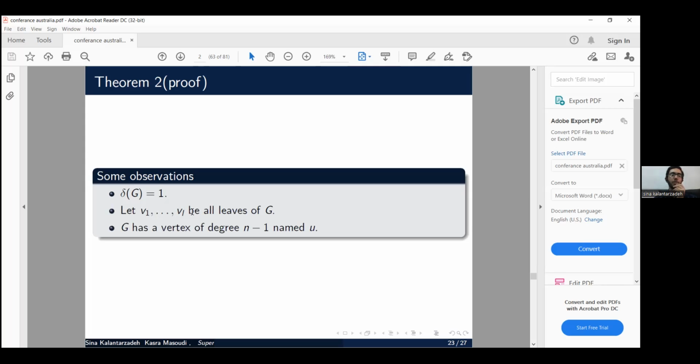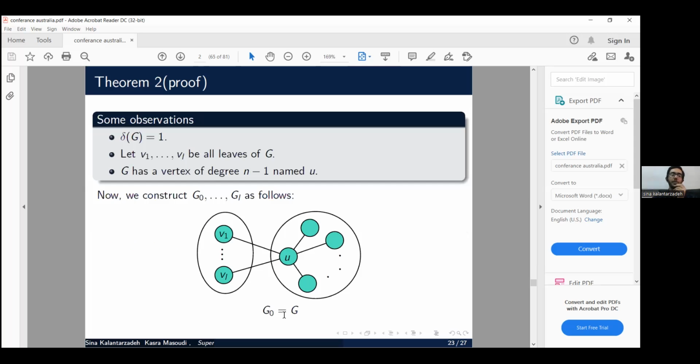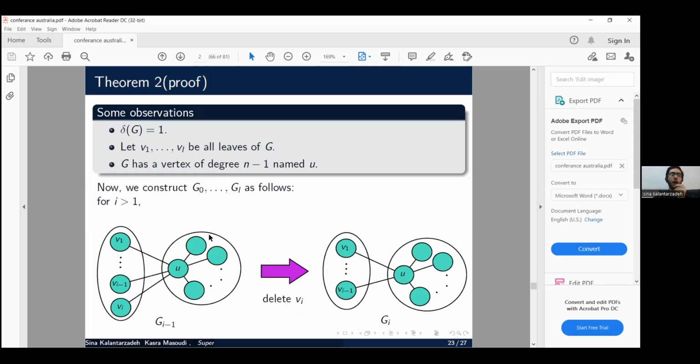We also know from lemma 1 that G has a vertex of degree n minus 1, called U. Now we construct the graphs G0 to GL as follows. We let G0 equal G itself, and for i greater than 0, we delete vertex Vi from G(i-1) to obtain Gi.